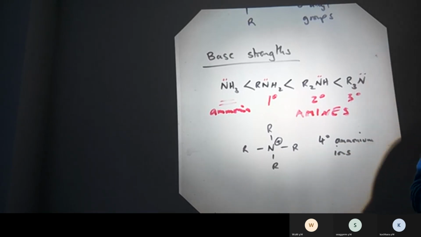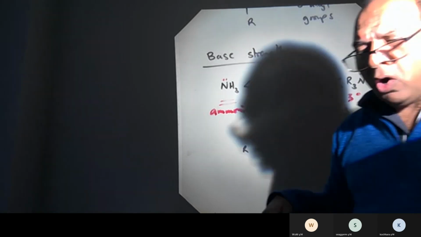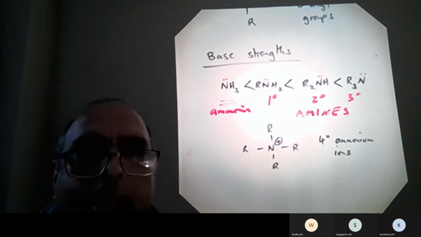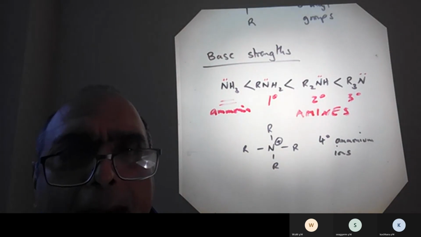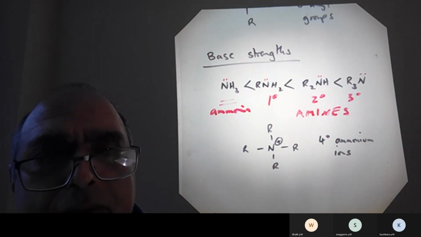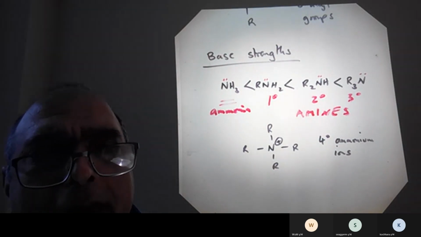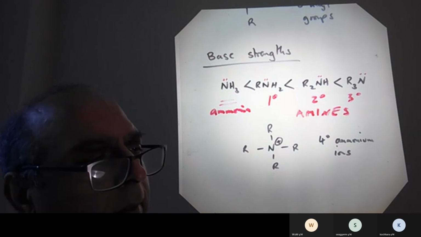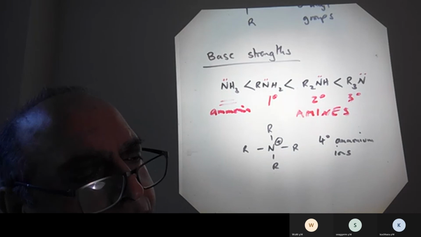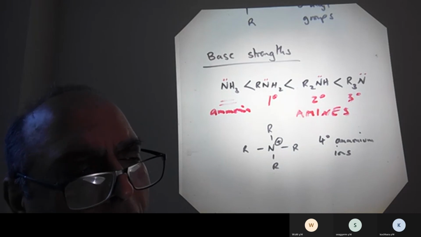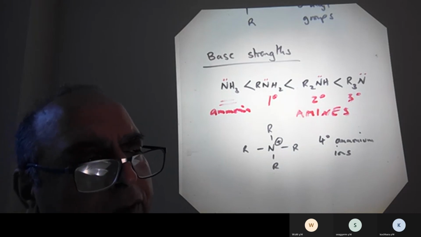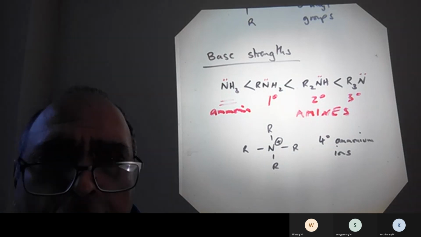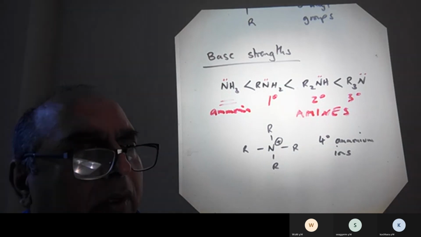Well, what I'm hoping that you realize is the discussion has all been about a lone pair of electrons. And the lone pair of electrons is not available because that lone pair on a quaternary ammonium ion has been used in making a dative covalent bond with a fourth alkyl group.